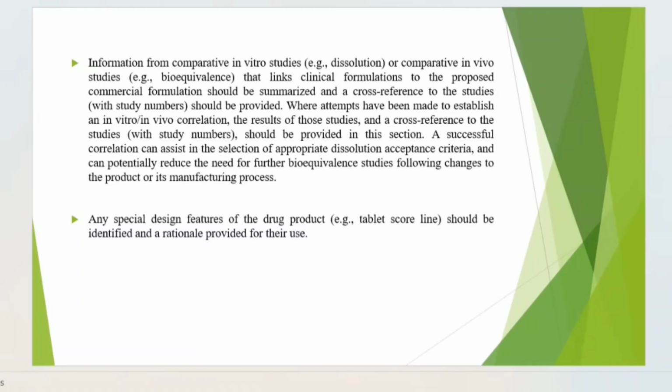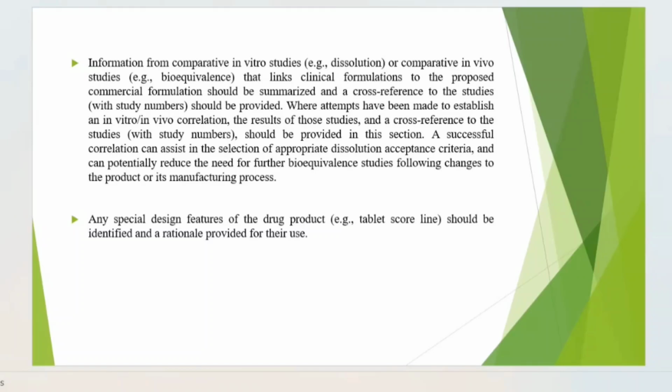So whenever we establish any IVIVC, that is an in vitro in vivo correlation, then after the approval of the product also, if we do any changes, then we do not need to perform the bioequivalence study. Only the comparative dissolution studies are required for establishing the equivalency between the updated product and the old product.